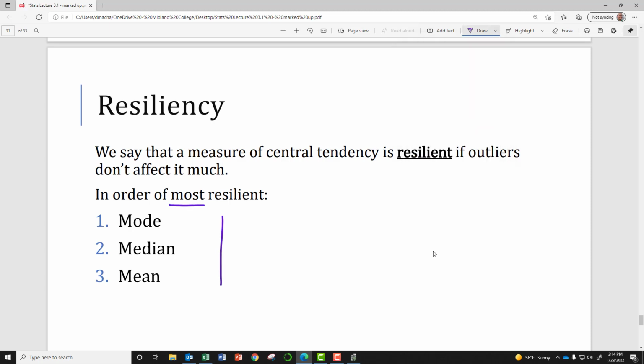So this is most resilient to least resilient. The median is more affected by outliers, and the mean is the very most affected by having outliers present in the data. So that's if you were asked about resiliency of a measure of central tendency. I typically don't ask about that on exams, but it may come up in homework.